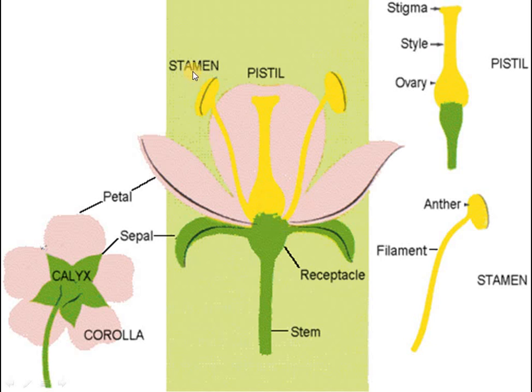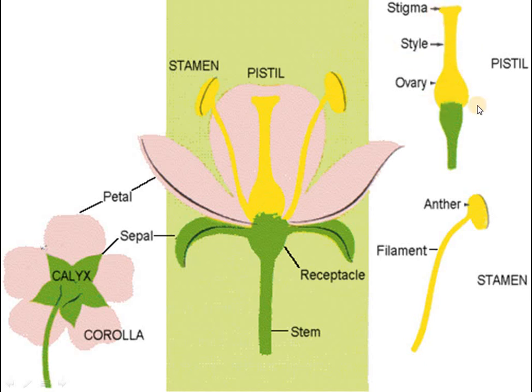Then we have the stamen. In the previous slides, I told you that the stamen is the anther and filament combined. Pistil is another name for gynoecium or the female reproductive organ, which includes the stigma, the style, and the ovary. The receptacle is the broader part at the base of the flower. Then we have the pedicel or flower stalk. By definition, the stamen is composed of anther and filament, while pistil, carpel, or gynoecium is the combination of stigma, style, and ovary.